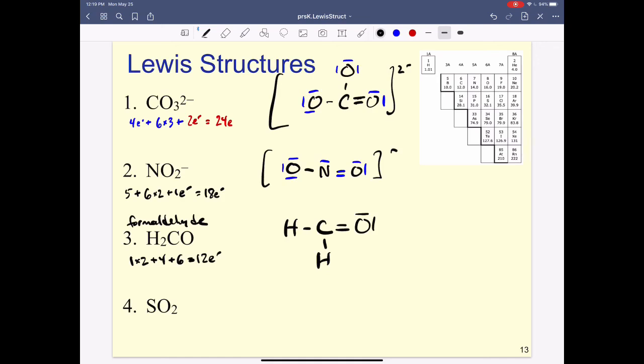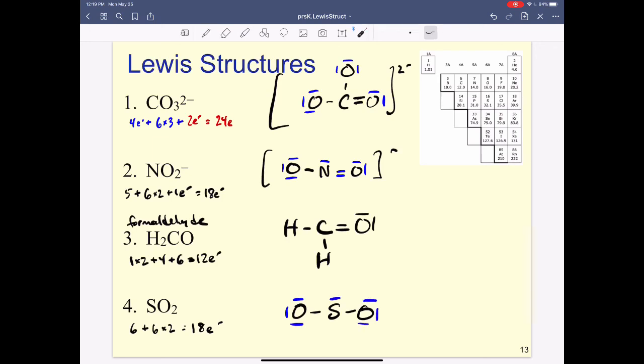And lastly, sulfur dioxide, sulfur with 6 plus 6 times 2, 18 electrons. Putting the sulfur in the middle, it's less electronegative. The oxygens are not bonding to each other on either side. I've got 9 lines available. Again, 2, 3, 4, 5, 6, 7, 8, 9.